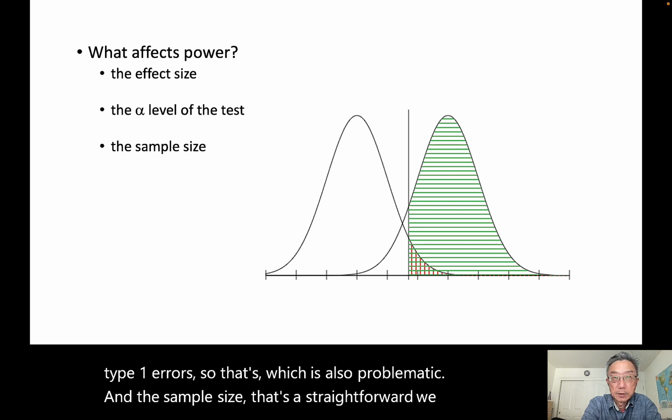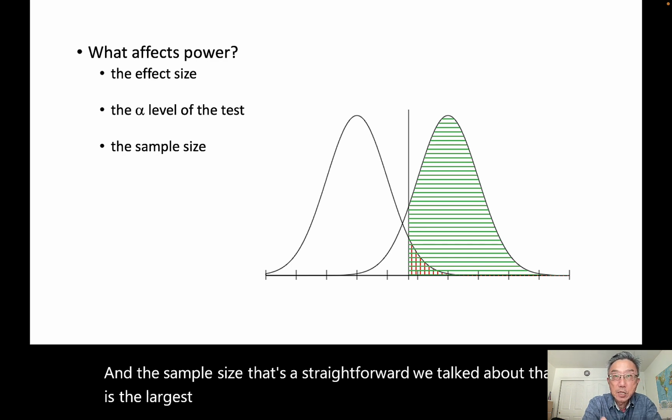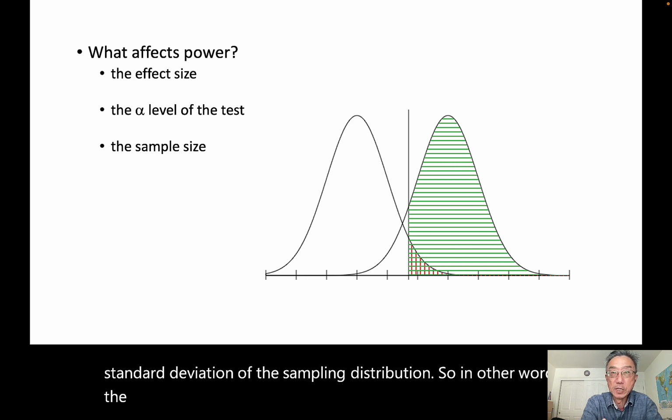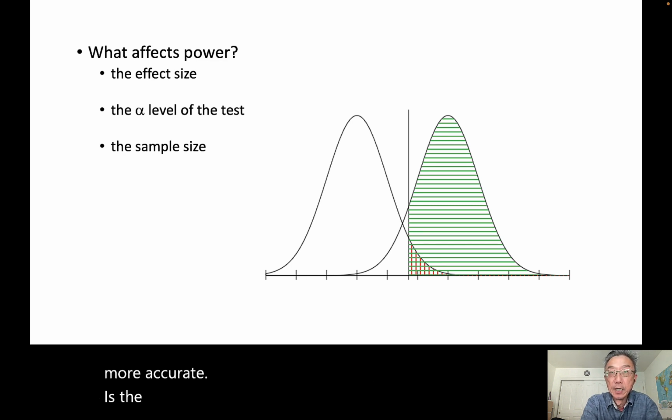We talked about that the larger the sample size, the smaller the standard error of the sampling distribution. In other words, the more participants we have, the more accurate the measurement. And as a result, the test is more powerful.